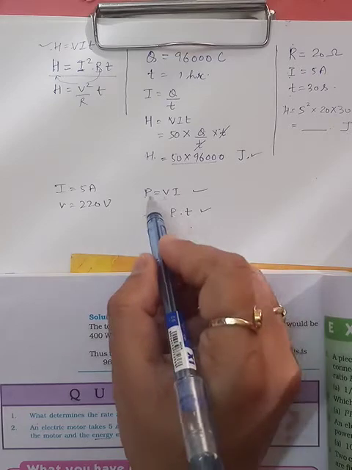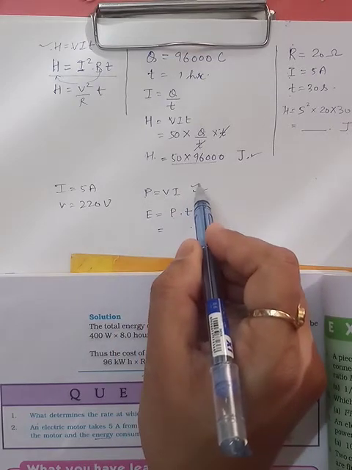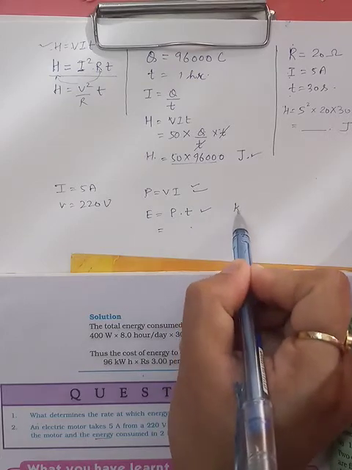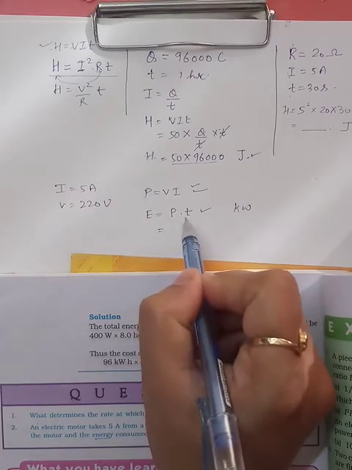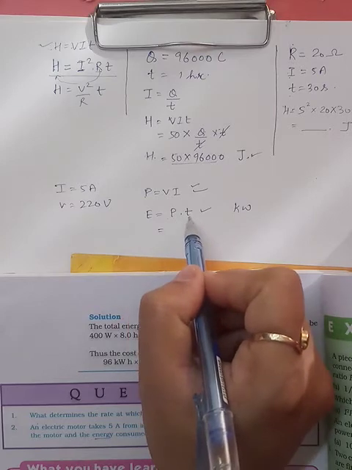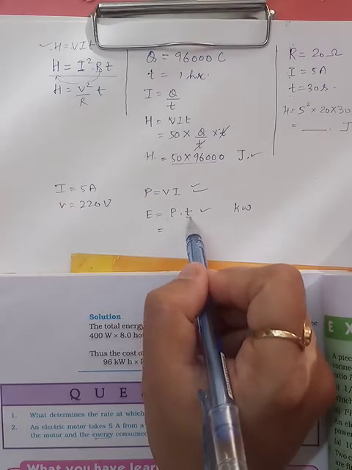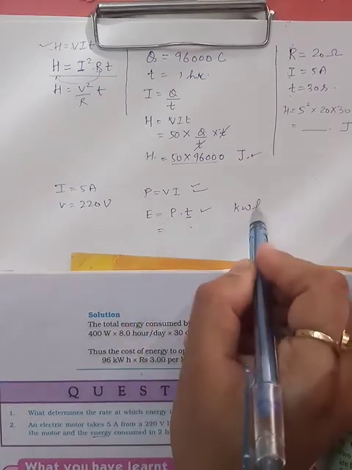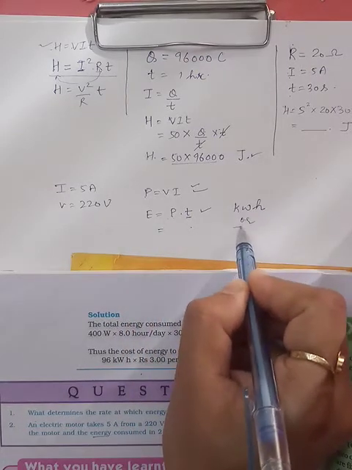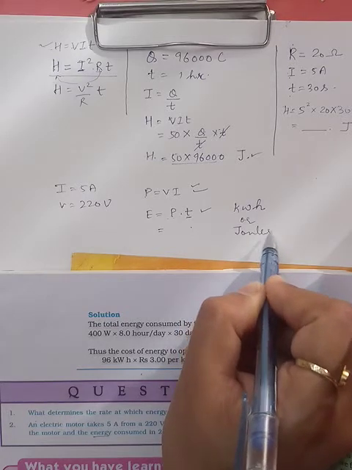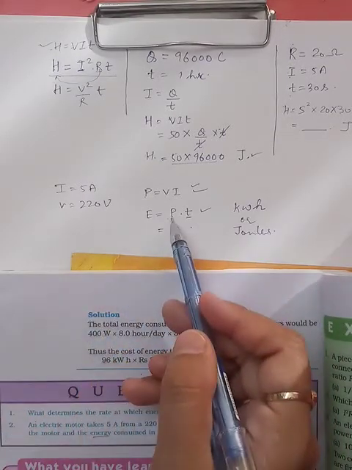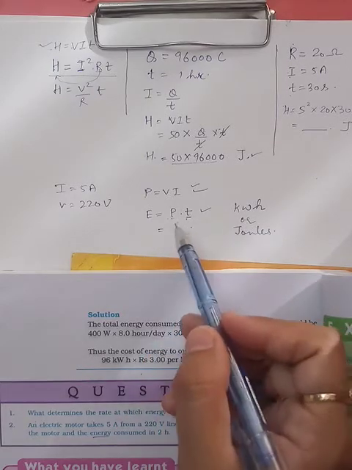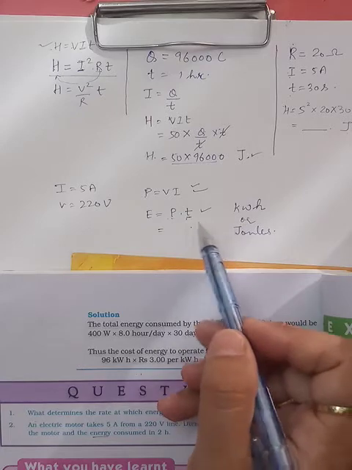Remember, when we calculate the power, it should be converted into kilowatt when we are using it in this energy consumed. Otherwise, we have to convert the time into seconds. So either you give the energy in kilowatt hour or you give the energy in joules. Either you convert power into kilowatt and use time as 2 hours as it is, or you convert time into seconds.